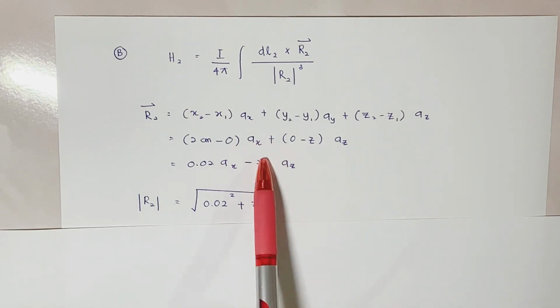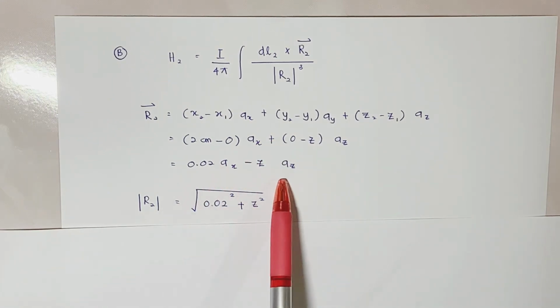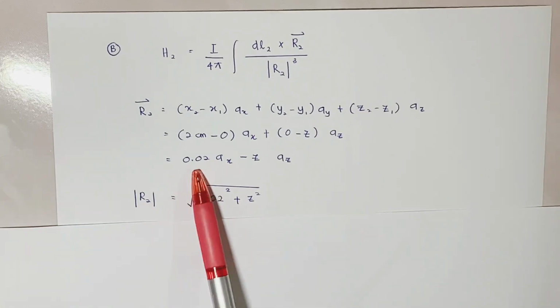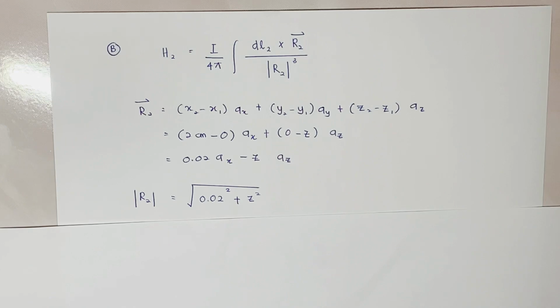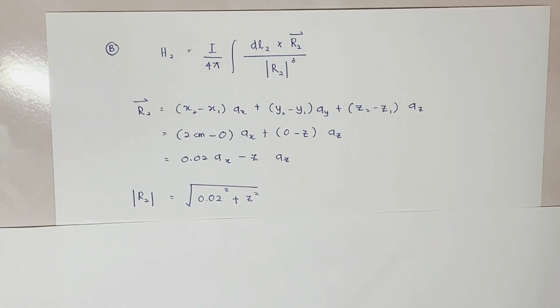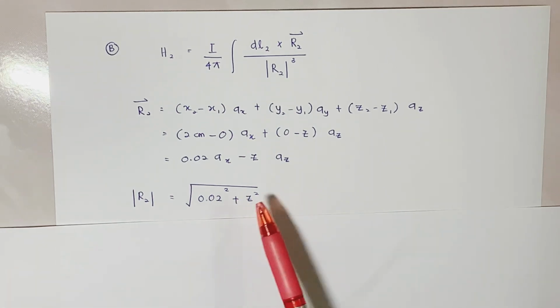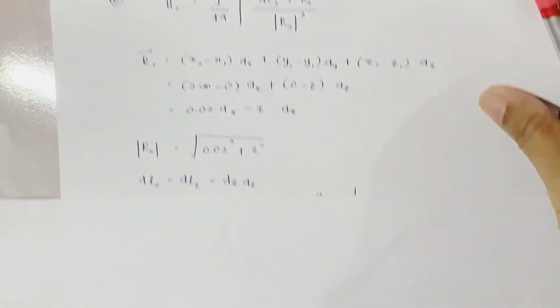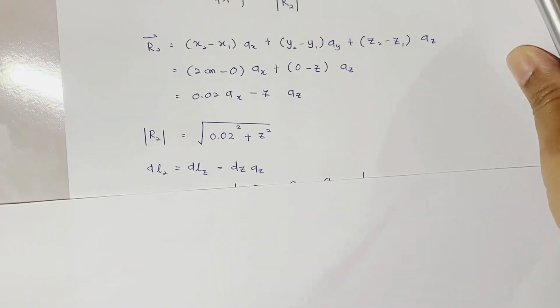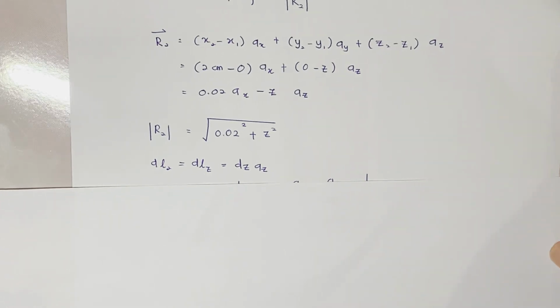Simplifying the vector r2, you get 0.02 ax minus z az. Now you need to find the magnitude. The magnitude of r2 is the square root of 0.02 squared plus z squared. So we already have the magnitude and also the vector.